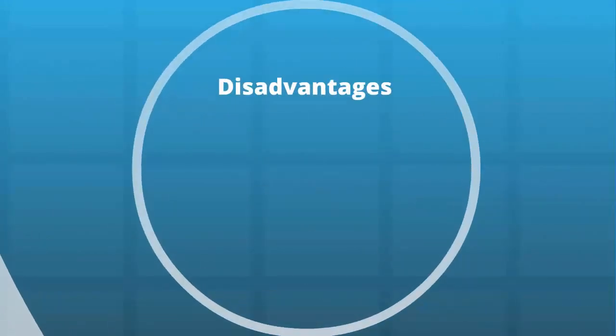Now, our discussion wouldn't be complete if we didn't talk about some things that just kind of don't work for stocks. And one of the disadvantages is it's a paper asset. It's an advantage and a disadvantage. As a paper asset, stocks are very sensitive to government policies such as interest rates and currency inflation rates.